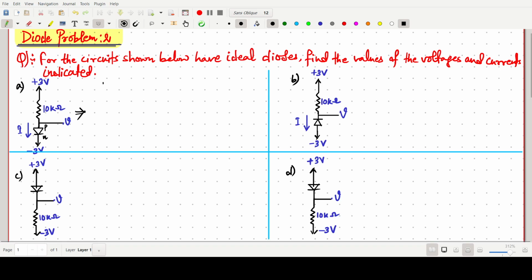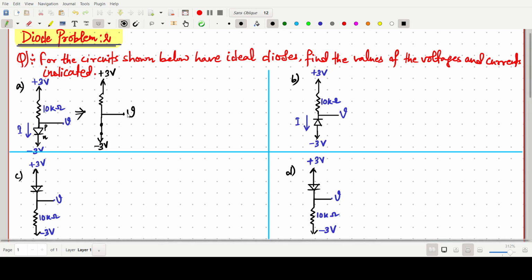So what we can do, there is a resistor, and then after the diode, it should be plus 3 volt, and this should be our V, okay.